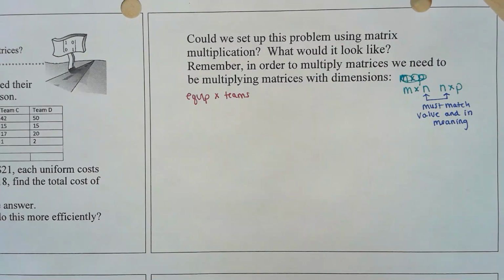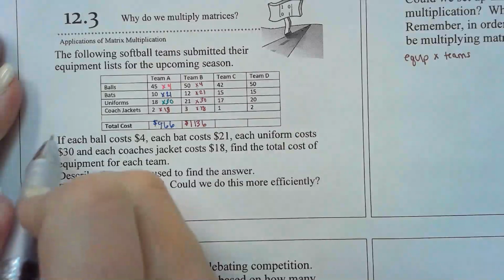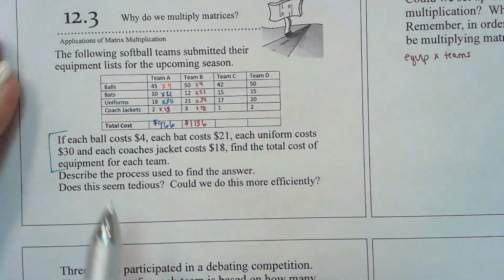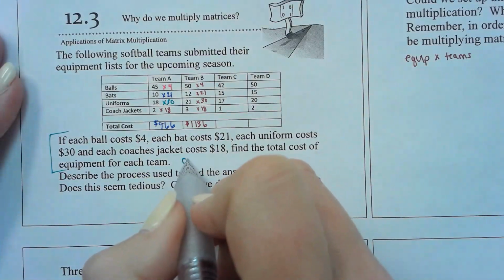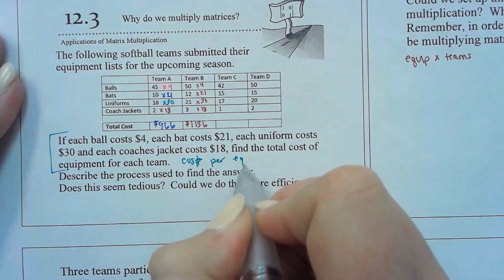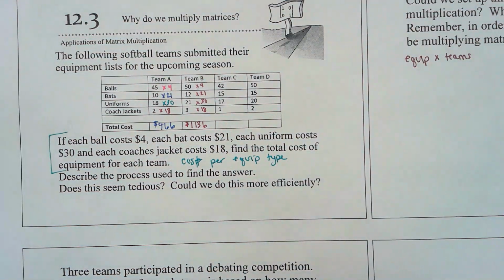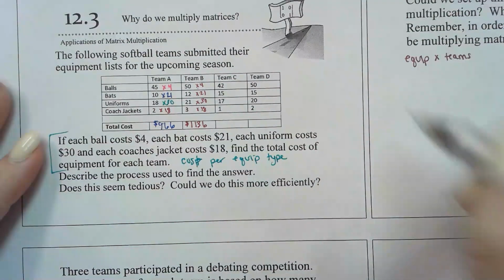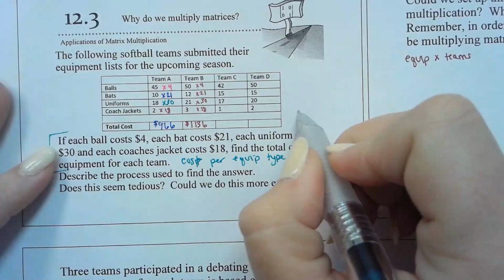When we look at the second piece of information they gave us, this sentence here, we know we're talking about the cost per equipment type. So I could turn that into a matrix. We could do this a lot of different ways.